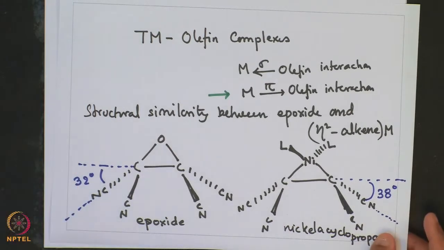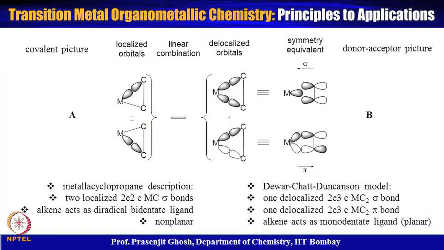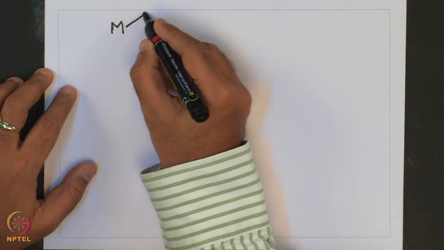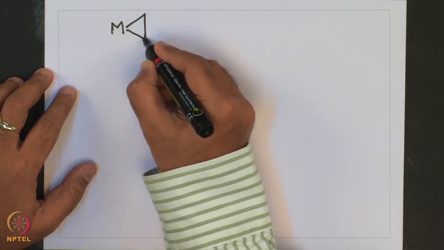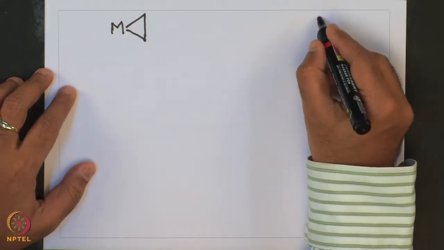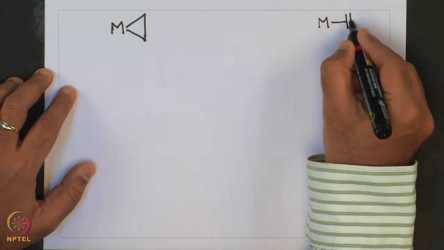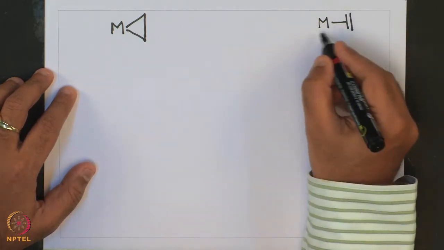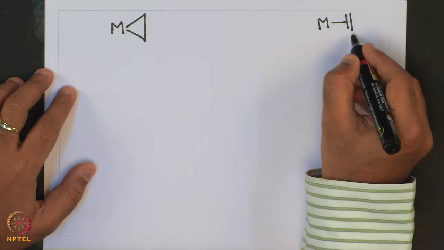Now, let us discuss this metallocyclopropane in a bit more detail. One can conceive of the metal olefin bond to be of two types. One is the metallocyclopropane ring where there are two covalent bonds. The other extreme is the olefin attached to the metal where the olefinic double bond is retained.